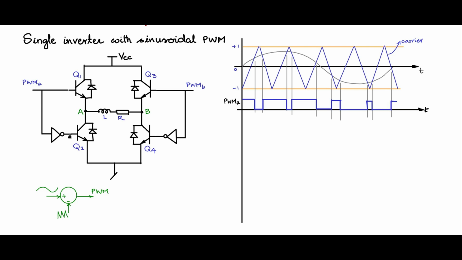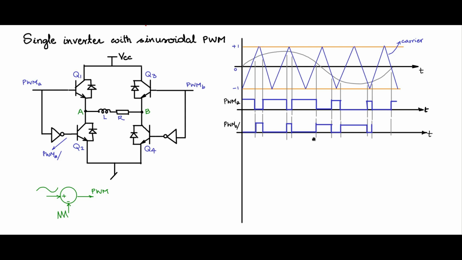Now for the bottom Q2 switch, we have, let us say, PWM A bar. So we can plot PWM A bar, which is, let me drag down these critical timelines and invert PWM A to obtain PWM A bar in this fashion.